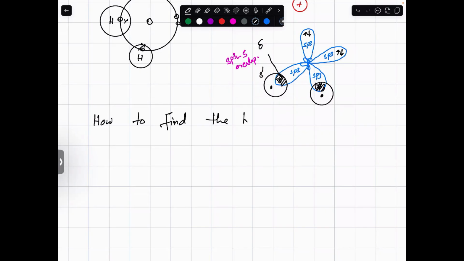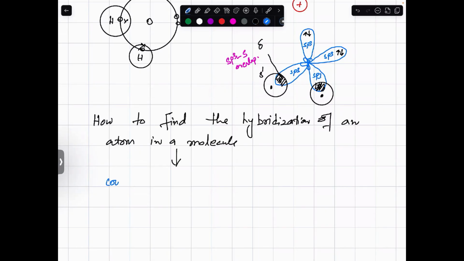the hybridization of an atom in a molecule. What you are supposed to do is count the electron regions around that atom.